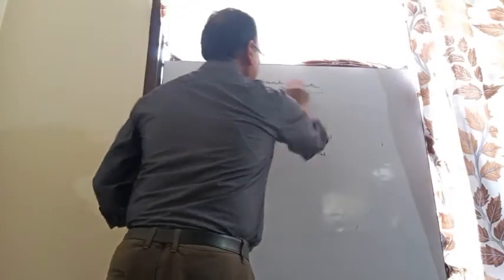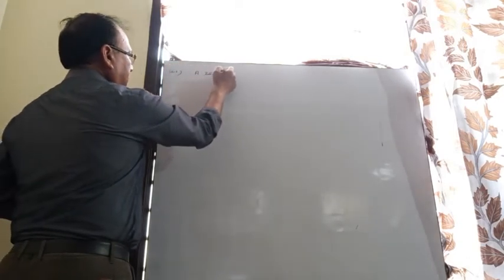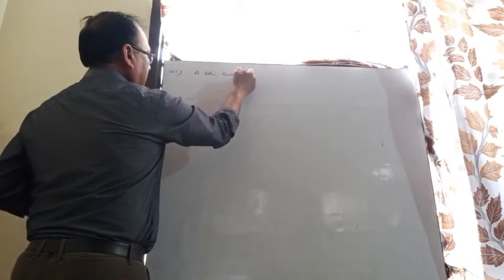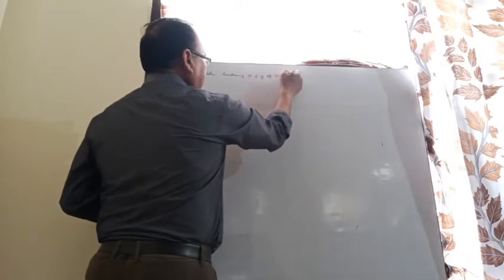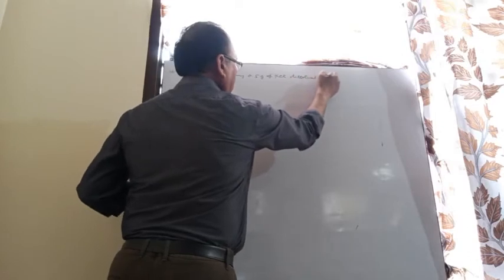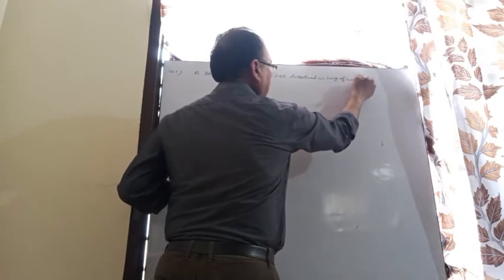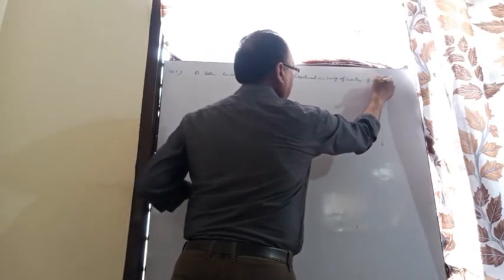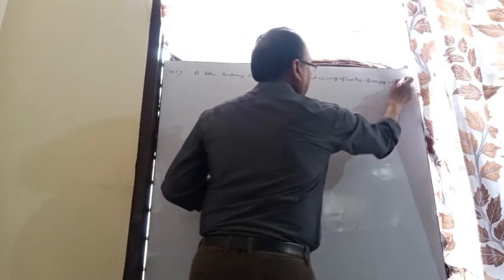A solution containing 0.5 gram of KCl dissolved in 100 gram of water freezes at minus 0.24 degrees Celsius.